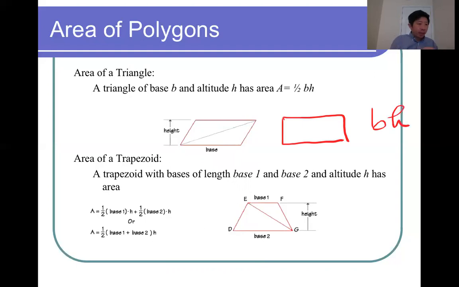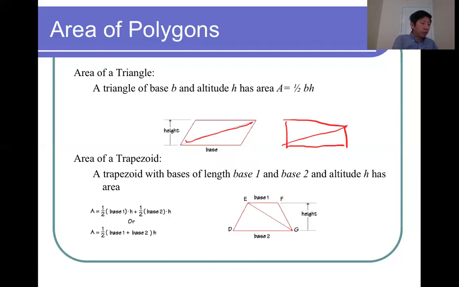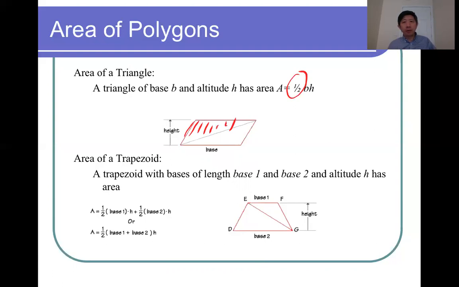And now the triangle? Let's say this is a rectangle like this, and the triangle is half of this. So that's why we have a half. Did you see this? A triangle is 1/2 base times height, okay?